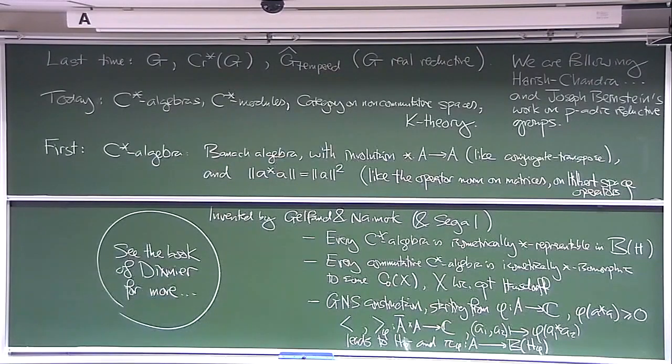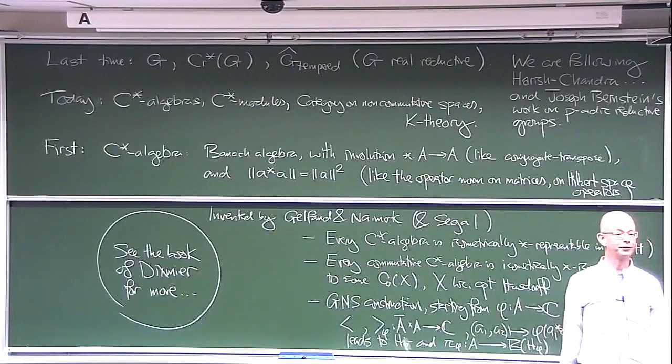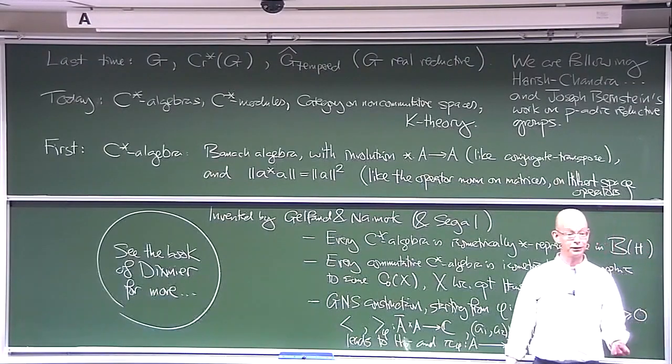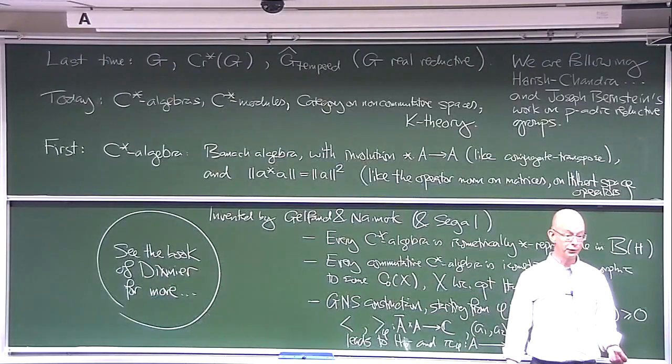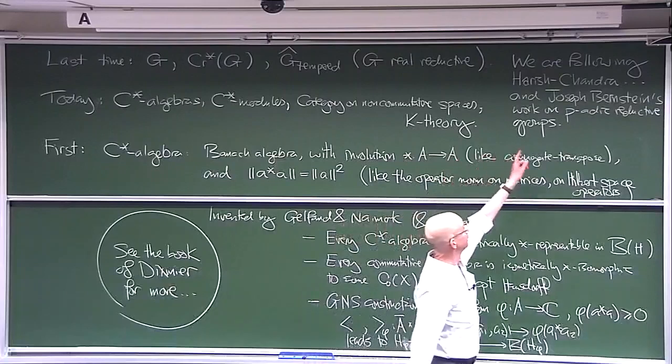After developing all of the C-star algebra theory, he never quite went back to representation theory to apply all of that. So that's what I'm trying to do. I'm trying to finish the work that Dixmier started by using C-star algebra theory more seriously to do some representation theory, like I say, inspired by Joseph Bernstein.